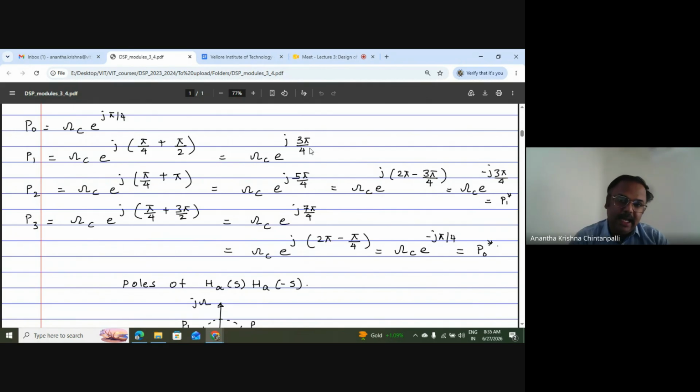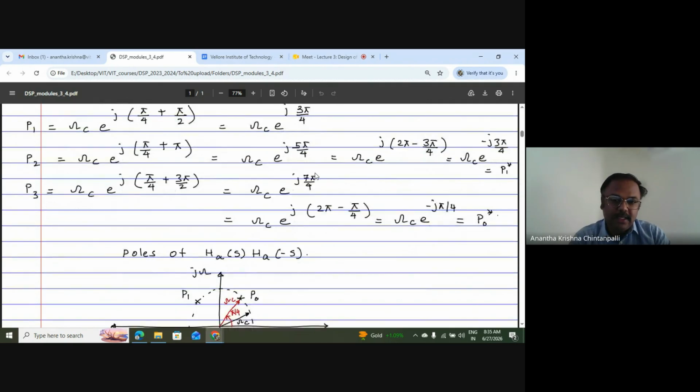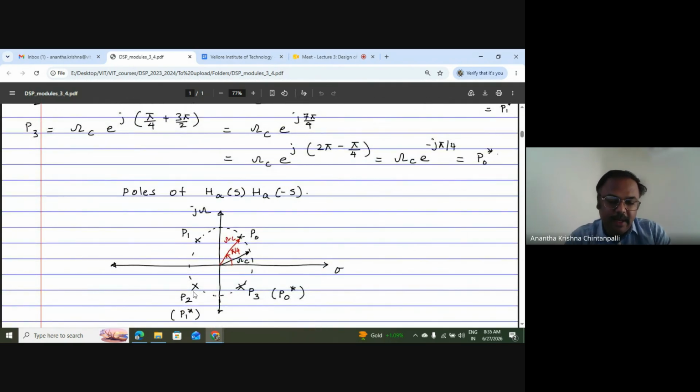If you add again pi by 2 to 3 pi by 4, this becomes 5 pi by 4. 5 pi by 4 is nothing but the conjugate pair of p1. Okay, so if you add pi by 2 to 5 pi by 4, then this will become 7 pi by 4. Again, this is a conjugate pair for p0. So like that, you can cross check whether you are getting the right answer.